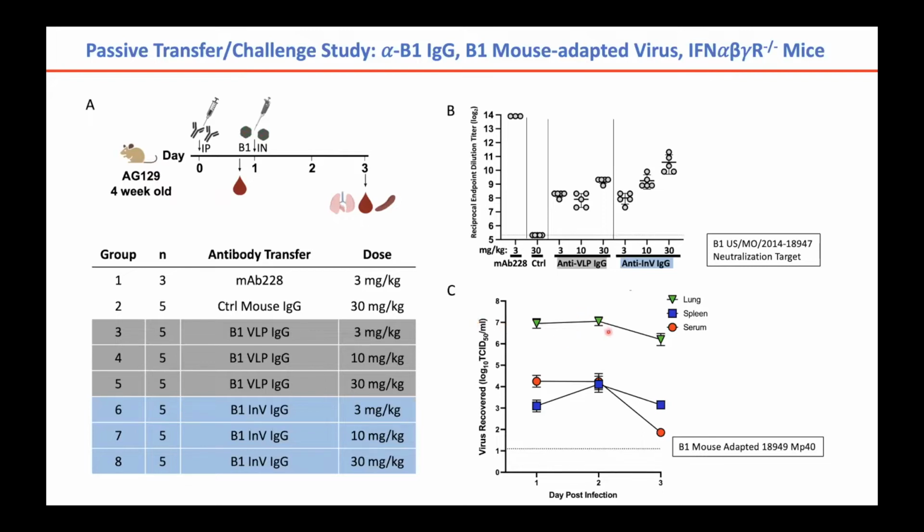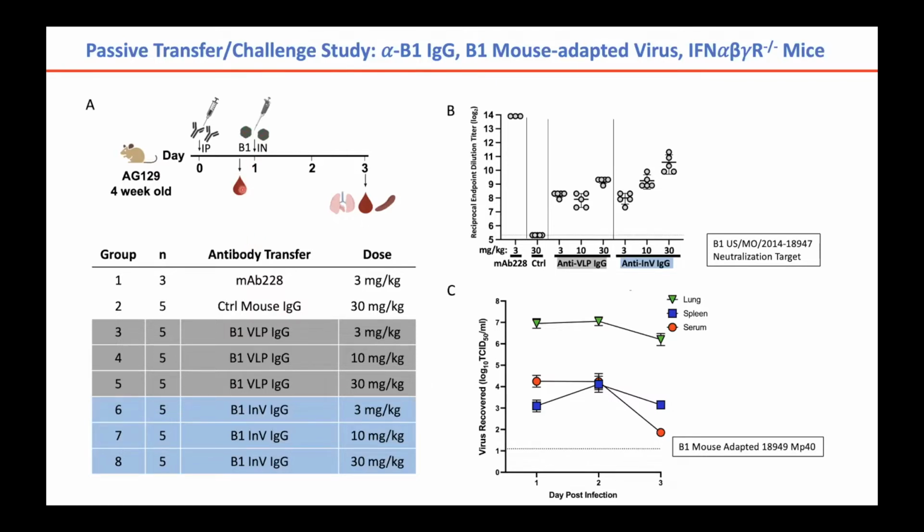The virus grows to high titer in the lungs and can be found to disseminate to the spleen via the blood. We used 3 different concentrations of the IgG from the VLP vaccinated mice and 3 different concentrations from the inactivated virus mice. We used Matt's 228 antibody as a positive control for neutralization, and we used naive IgG as a negative control.